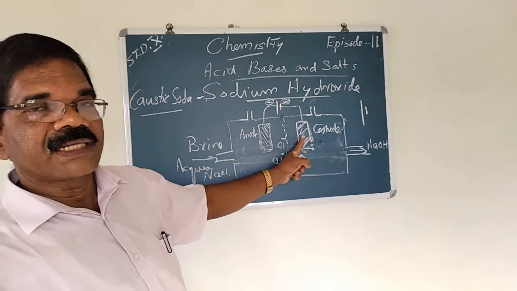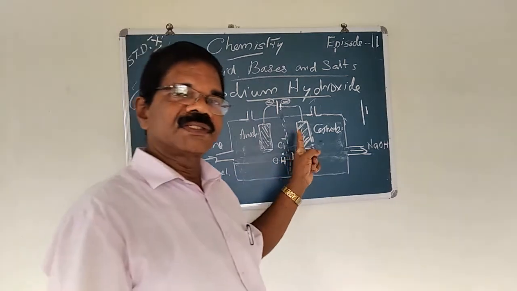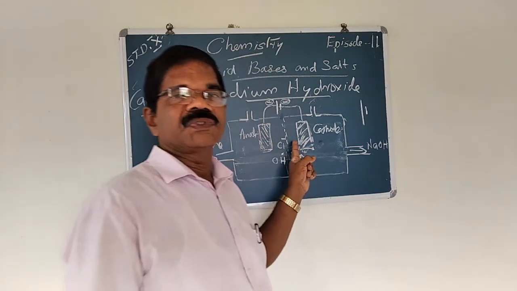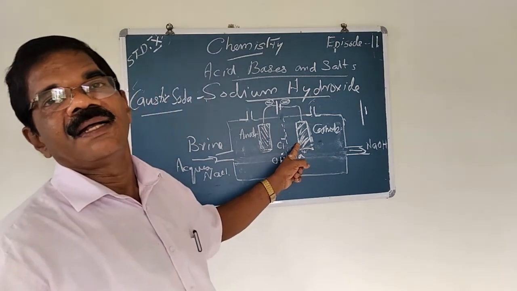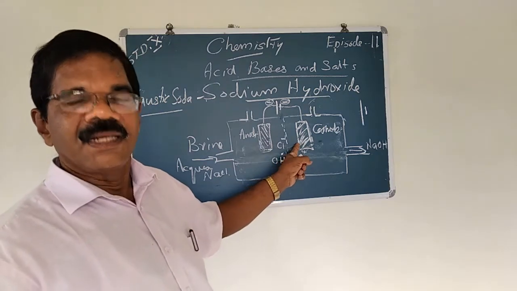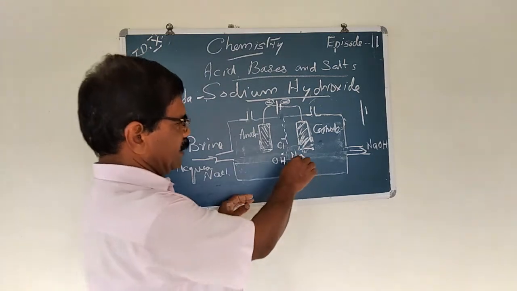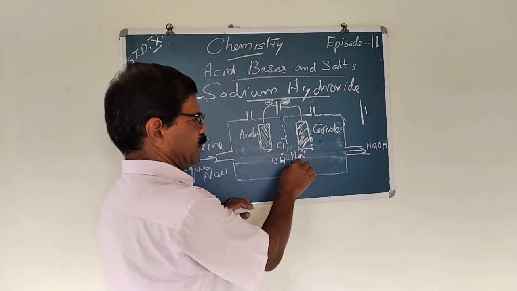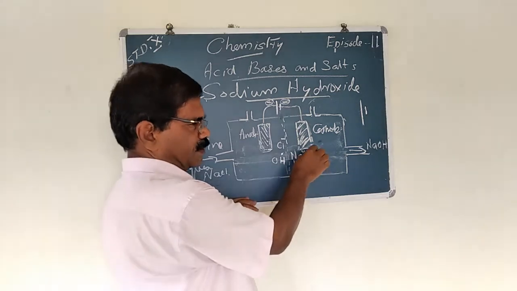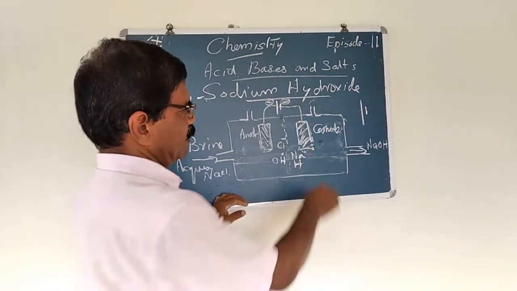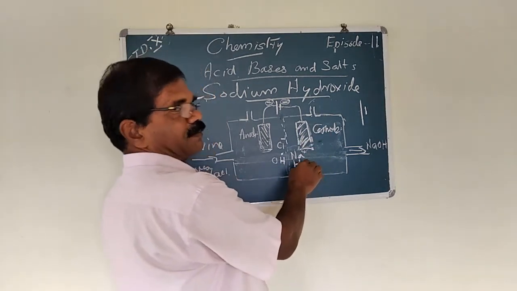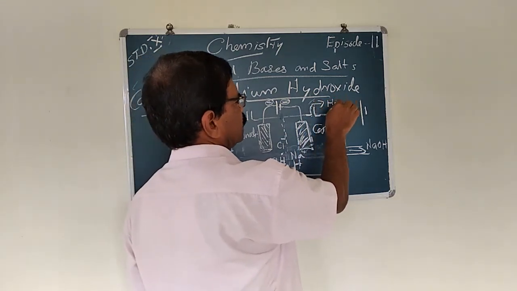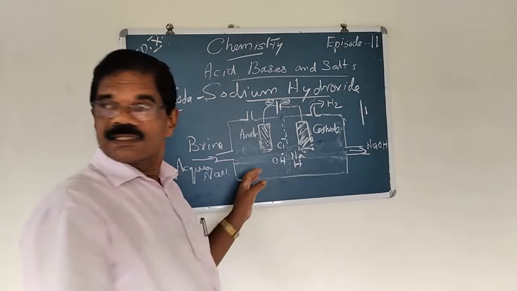The cathode is negatively charged, so it attracts the positive ions of the electrolyte. Sodium ions and hydrogen ions move near the cathode, where hydrogen is evolved as a gas through this exit.